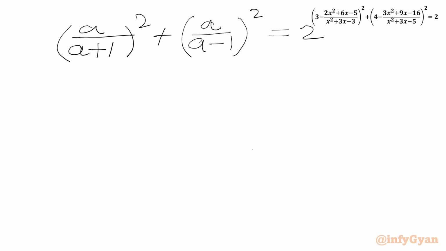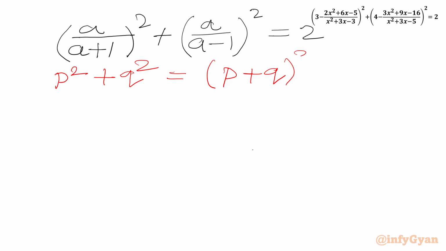Now we'll use one powerful algebraic formula. It is p square plus q square. Let me write here p square plus q square can be written as p plus q whole square minus twice pq. Let's assume a over a plus 1 is p, a over a minus 1 is q.